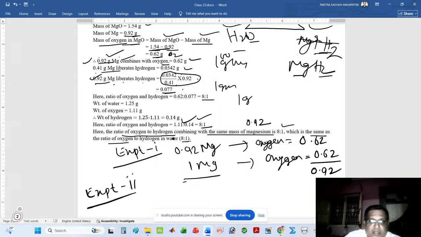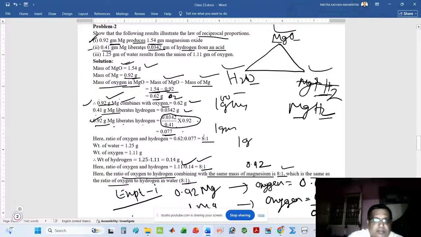Since the ratio is the same in water and also in the other, that is magnesium oxide and magnesium hydride, the law is verified. Look at that. Here 8 is to 1, here also 8 is to 1. So the law of reciprocal proportion is satisfied.